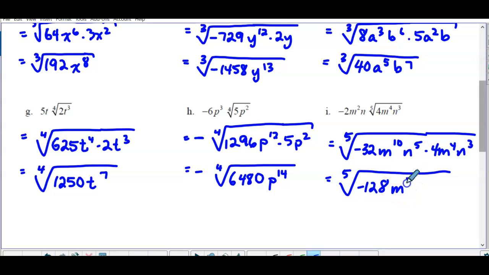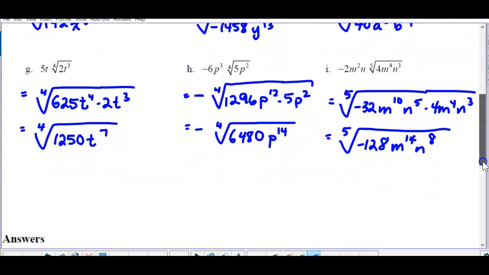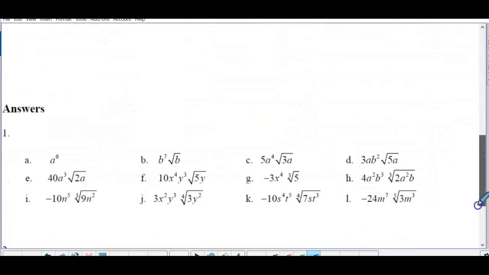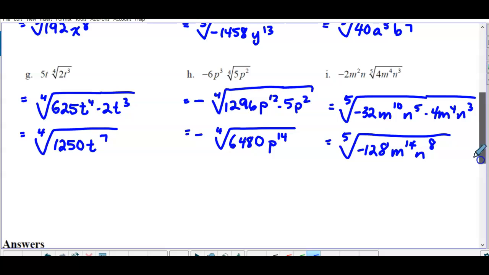M to the 14, n to the 8. Okay. And there are your answers. So that's it for simplifying.